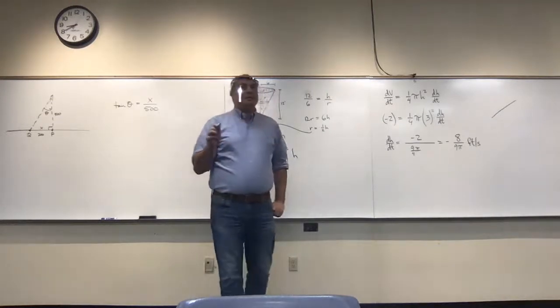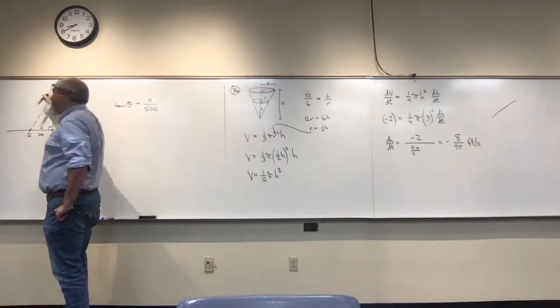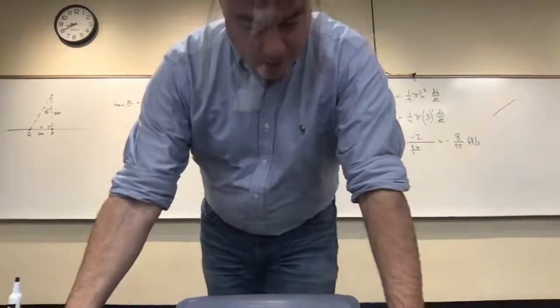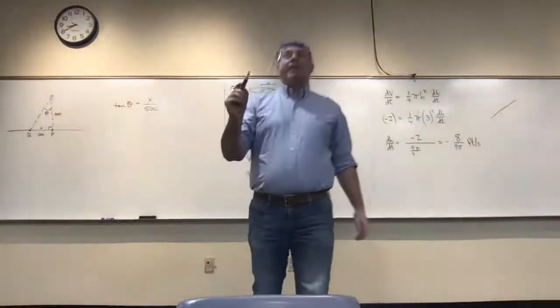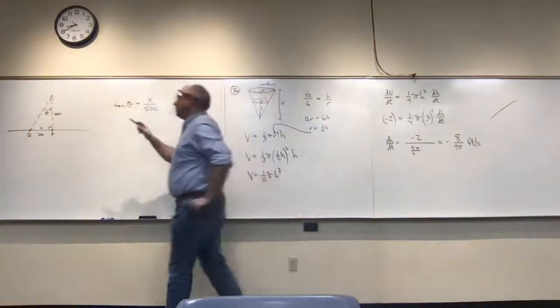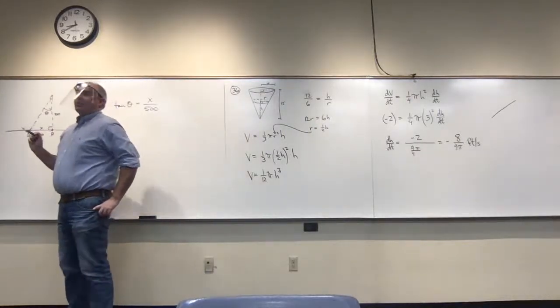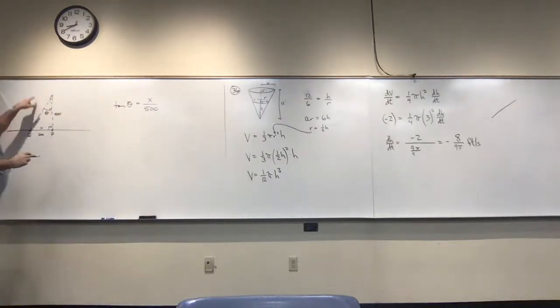So d theta/dt is how fast theta changes over time. It tells me in the problem that it revolves 4 times a minute. So in a minute, what is theta? It goes around 4 times. What's the angle of 4 rotations? 8 pi.